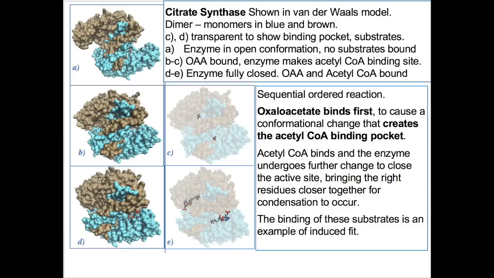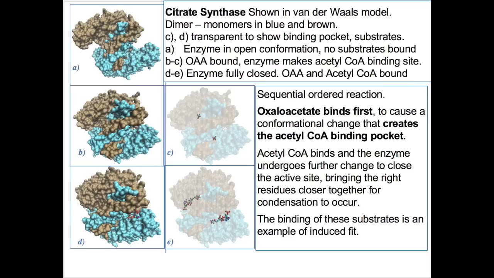The enzyme that catalyzes reaction 1, citrate synthase, is a dimer. This enzyme operates by sequential ordered reaction. Oxaloacetate binds first and causes a small subunit of citrate synthase to rotate to form the acetyl-CoA binding pocket. This also brings closer those residues that are necessary for the condensation reaction between oxaloacetate and acetyl-CoA to occur.